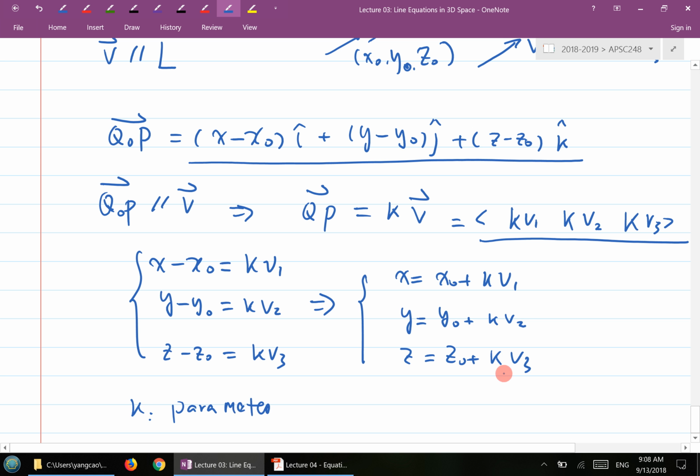Yes, you can. This is basically what the parametric equation means: you can replace the K with any parameters or symbols. It's just a parameter, and the range of this parameter you can take as any numbers, from negative infinity to positive infinity.